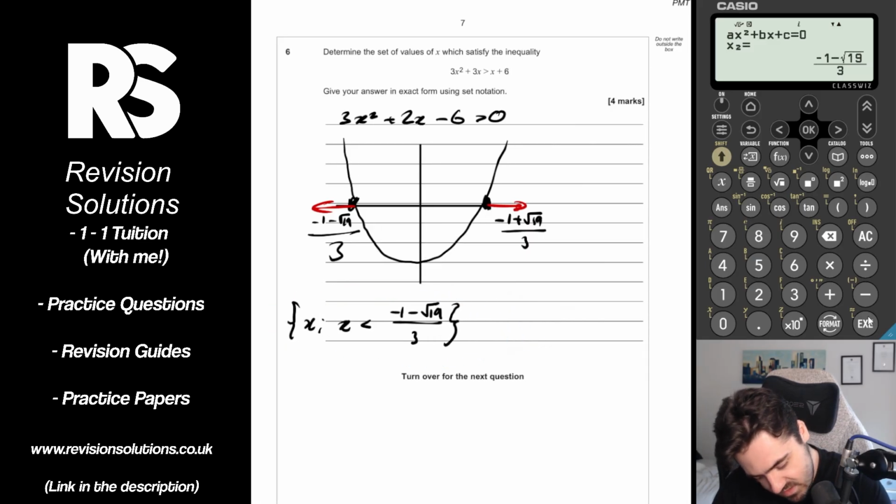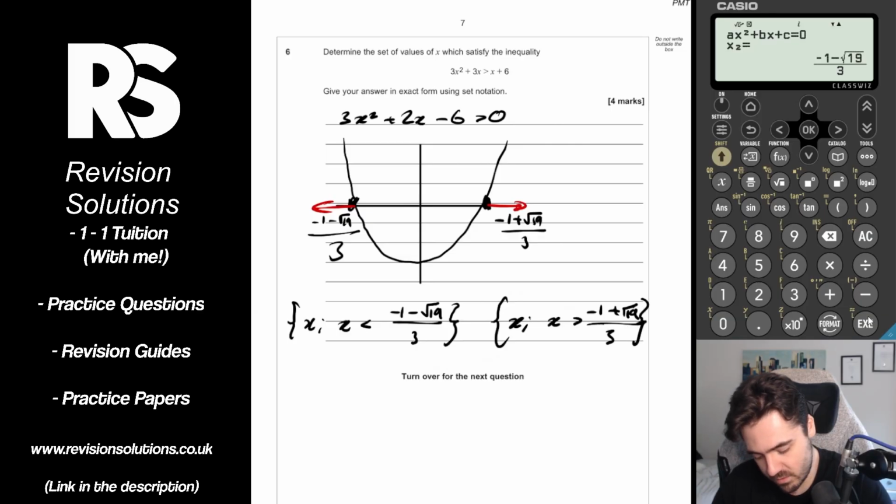And then the other set is a set of x values where x is strictly greater than -1 plus root 19 over 3. And then we want a set that contains all those, so it can be in one set or the other and still be a solution. So that would be a union of the two sets.